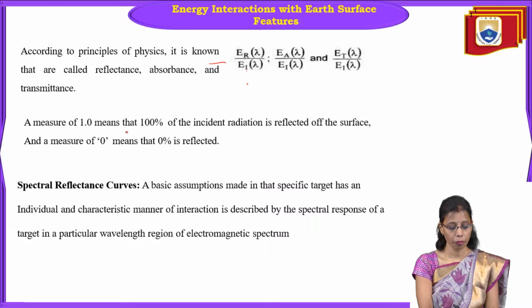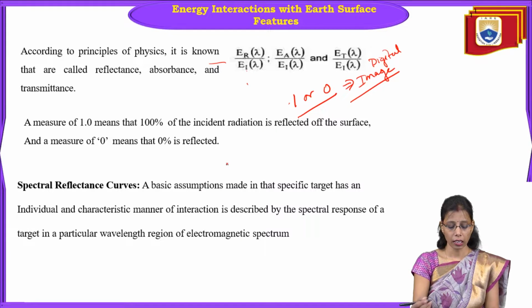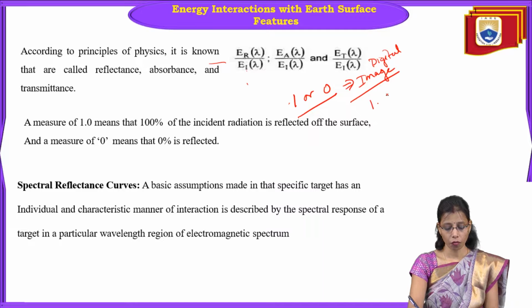A measure of 1 means 100% of the incident radiation is reflected off the surface, and a measure of 0 means 0% reflection. So it is just shown as 1 or 0. When we get a digital image, the reflection of the energy is represented in the form of either 1 or 0. If it is showing 1, it means 100% of the incident radiation.